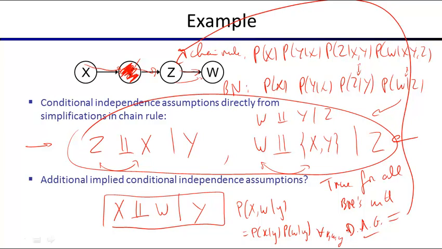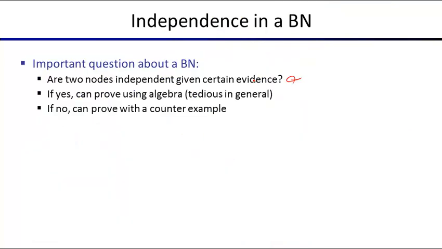What do you have available to you to do that algebra? All you have available to you is that the joint distribution is given by this form over here. And somehow you're going to use that information to make this work out. It can be a lot of work, it can be pretty tedious. It's possible, but it can be tedious.